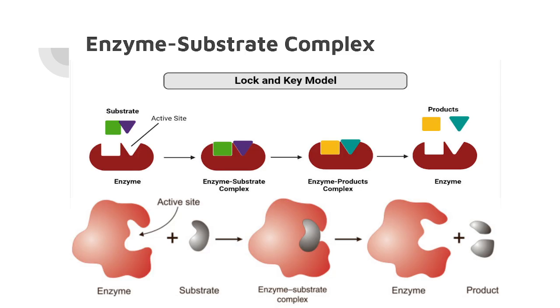So what will essentially happen is that when the substrate binds to the active site here, it induces a fit for the enzyme to fully bind onto the substrate to form this complex. And from there, similarly, it also undergoes a catalytic process to be converted into a product.